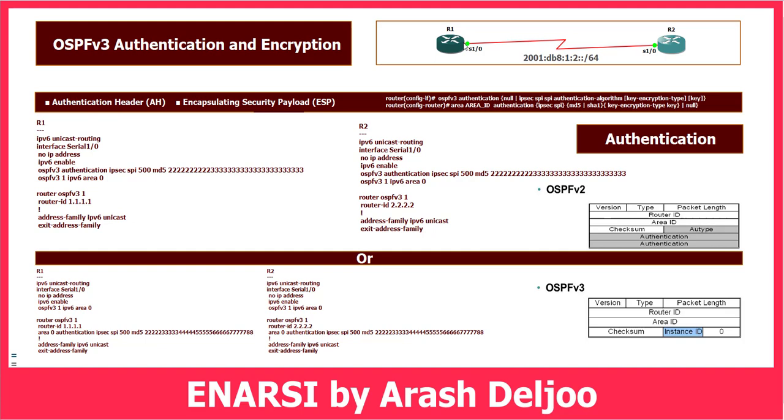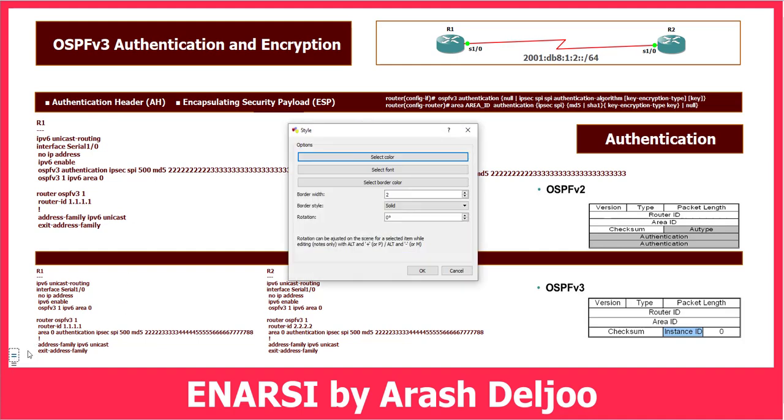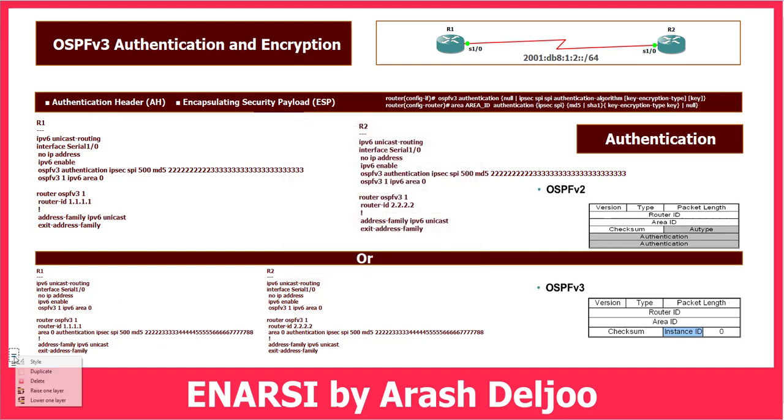You know that in OSPF version 2 we don't have the option of encryption. Actually, we can only enable authentication. But in OSPF version 3 we can use IPsec in two styles. In IPsec we have two protocols. One of them is AH, or authentication header protocol.